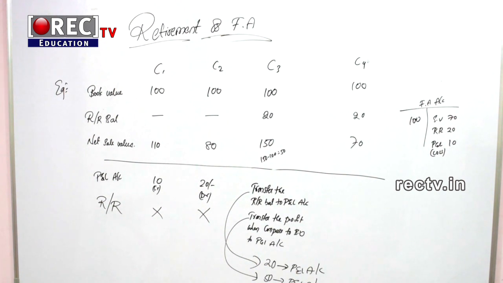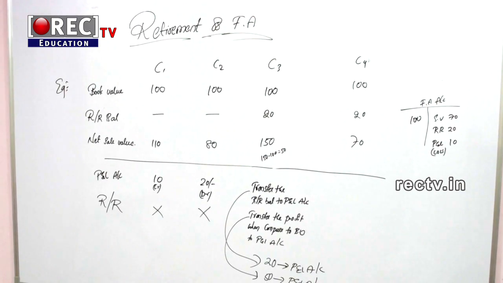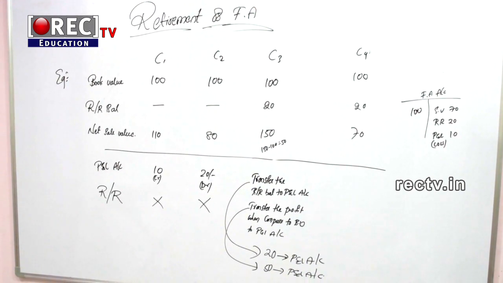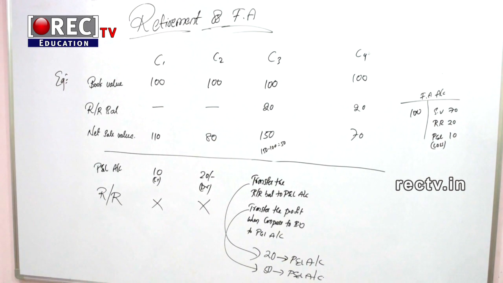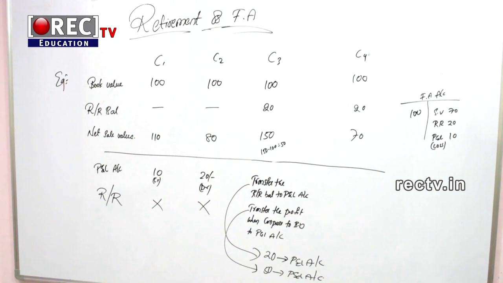In case 3, book value is 100, revaluation reserve is 20, and the net sale value is 150. Here the balance amount in the revaluation reserve account should be transferred to the P&L account, and when the asset is sold, whatever profit arrives between book value and sale value should be transferred to the P&L account.